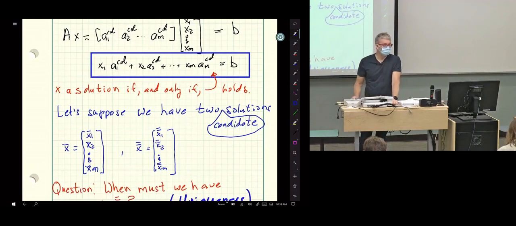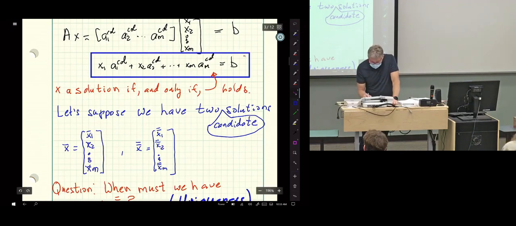Well, that was the definition of a solution, okay? You just write it down, and if you have a solution, it has to satisfy B as a linear combination of the columns of A, okay?